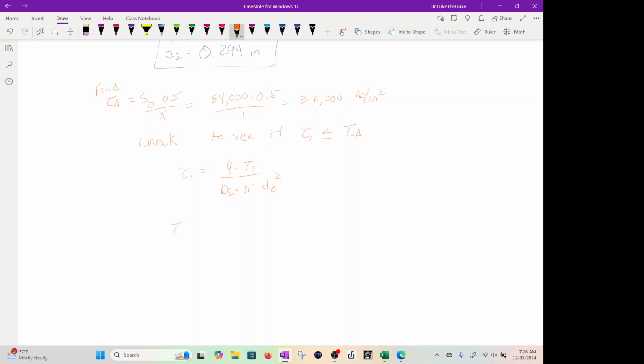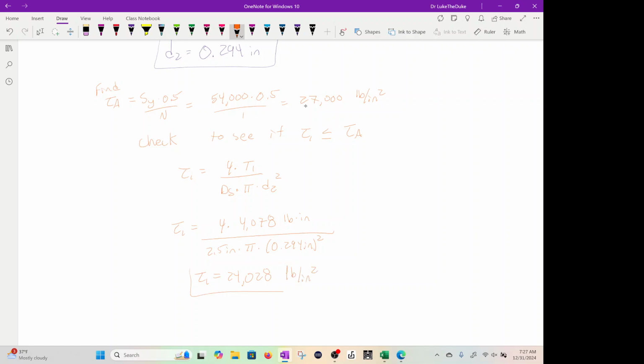Okay, so tau 1 is 4 times 4,078, the power converted to torque, over 2.5 inches times pi times 0.294 inches squared. Tau 1 becomes 24,028 pounds per inch squared.